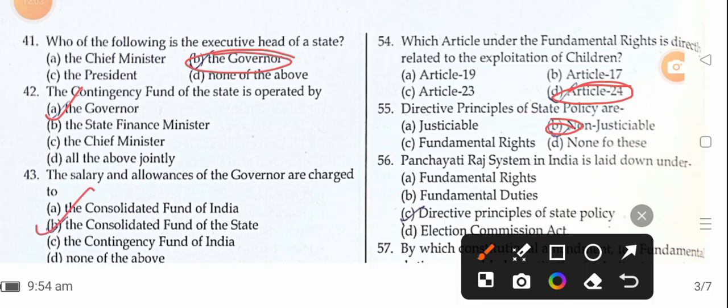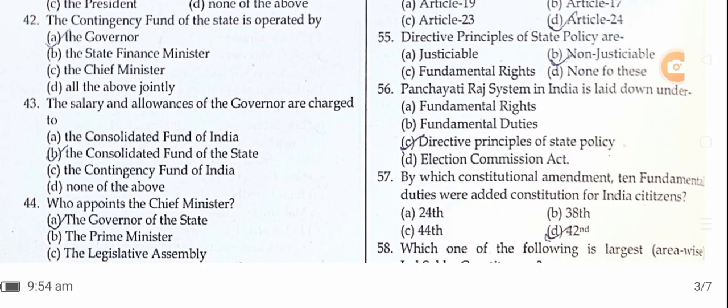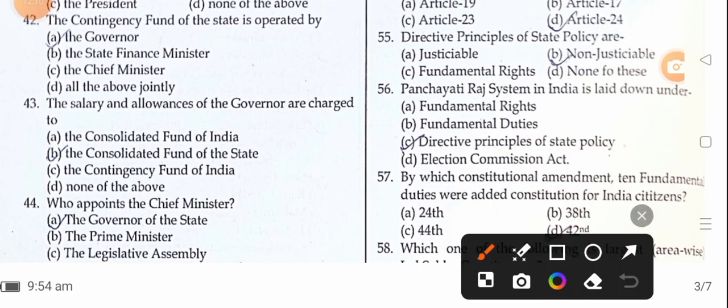Option B. Panchayat Raj system in India is laid down under the Directive Principles of State Policy. Option C. My dear students, the Panchayat Raj system first started from Rajasthan. You know that Panchayat Raj Divas is celebrated on 5 March every year.